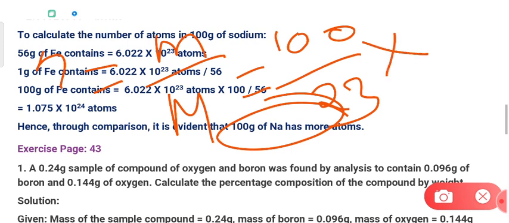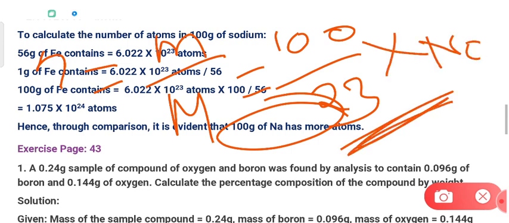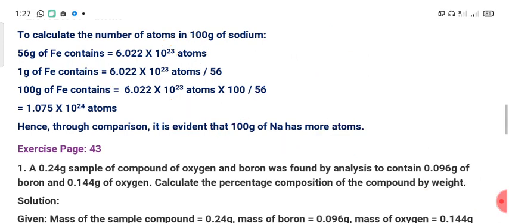And if we multiply it with Avogadro's number, that is N0, then the total number of atoms will be found out. In the same way, we will find out the total number of atoms in 100 gram iron, and then we will compare which number is bigger and we can give the answer. So what basically needs to be done in this question, we have to simply find out the total number of atoms.